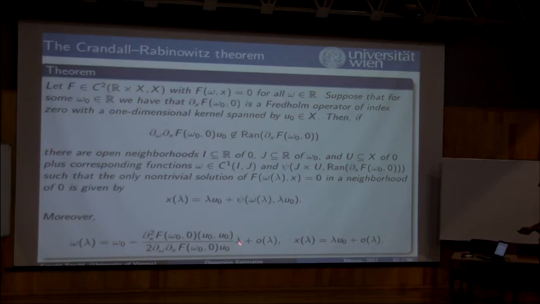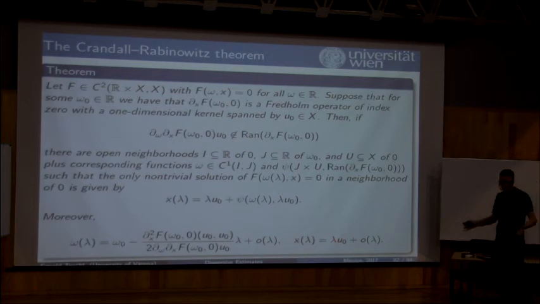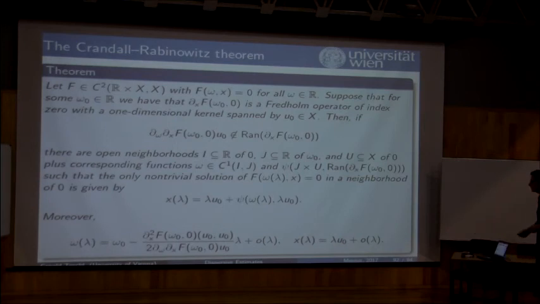Then you have this linear term in terms of this parameter lambda right here with an explicit given derivative plus some smaller order terms. And also the solution looks like lambda times this eigenvector plus some smaller order terms. So you see that works very nicely, and this is what you get out of just applying some abstract nonsense.